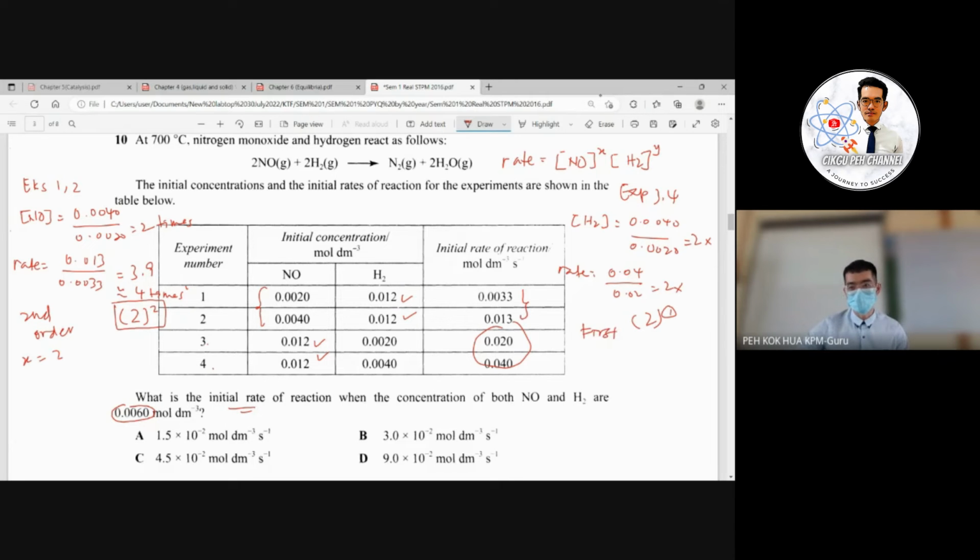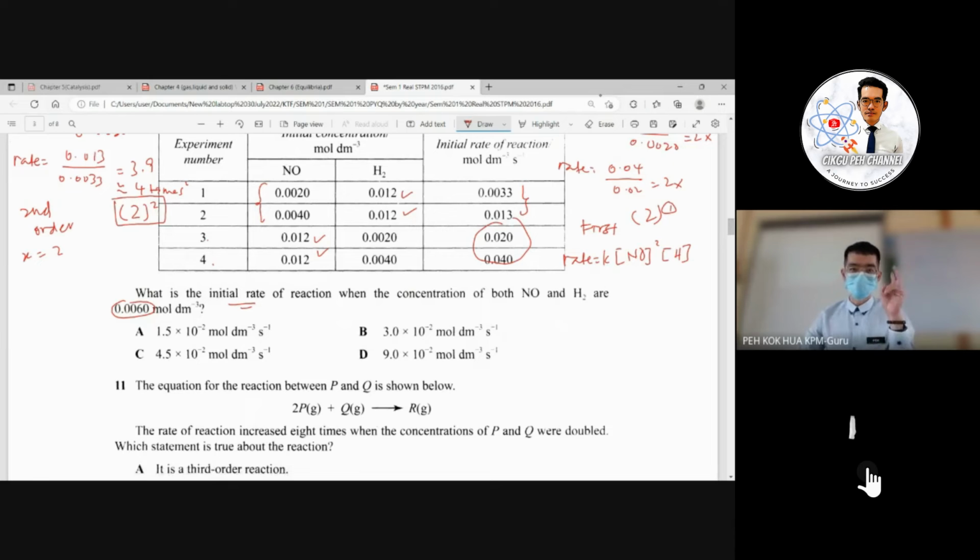So from here we know the rate will be k[NO]^2[H2]^1, but normally we write the first order in front. Here we have 2 ways to do it. First way, we eliminate k.